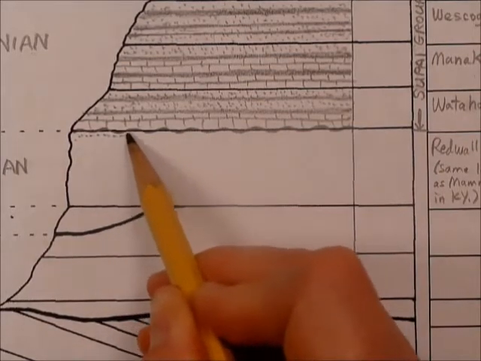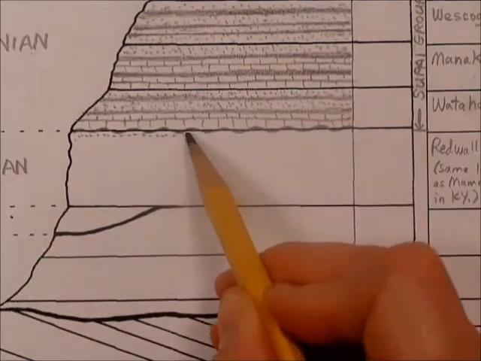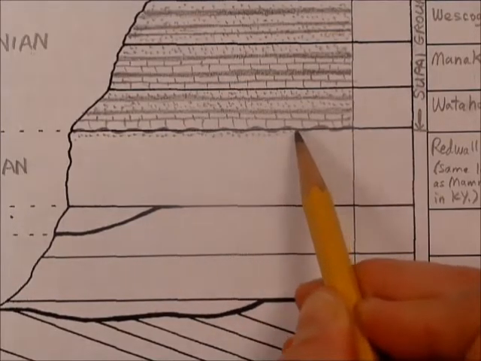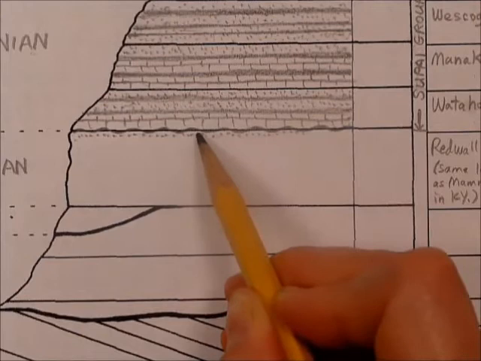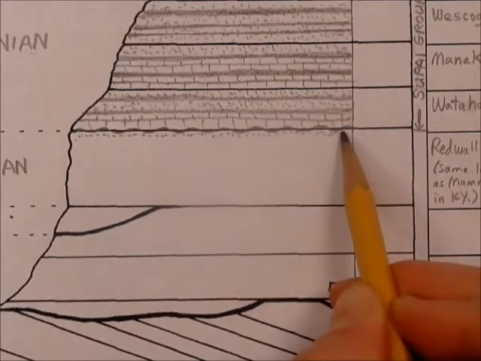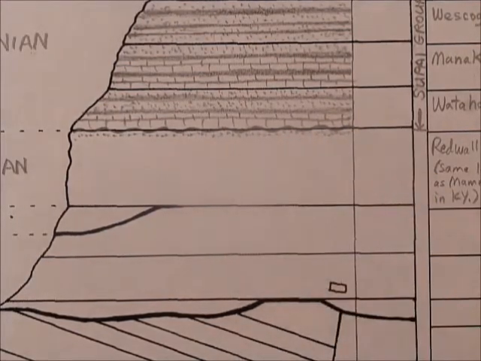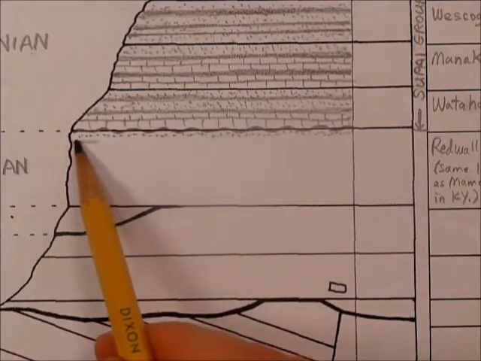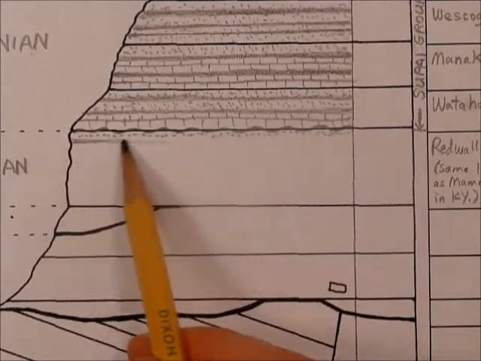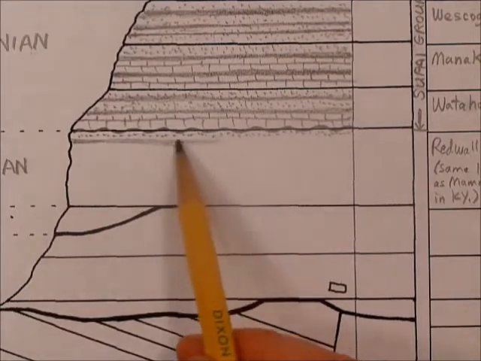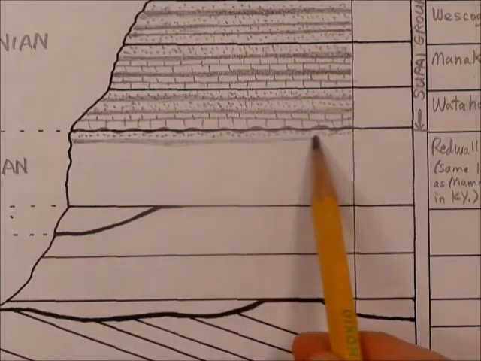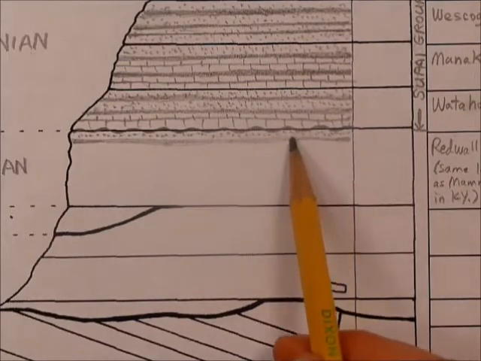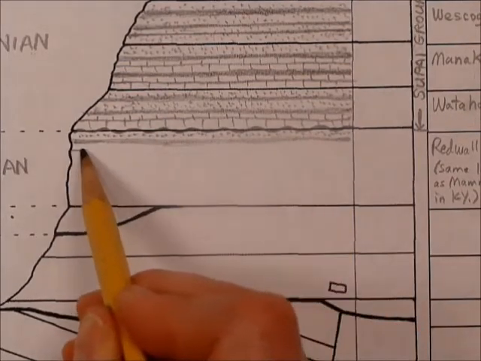We have a tiny bit of sandstone actually up here underneath this conformity. There we go. And then a little layer of something kind of muddy or shaly like that. And then we've got limestone after that.